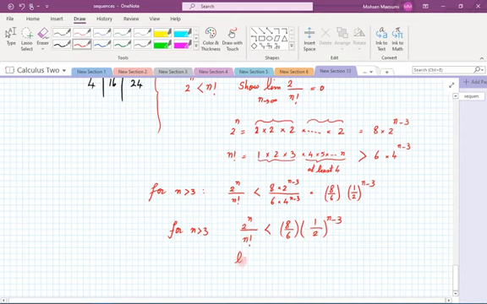That tells us that the limit of this ratio, or the limit of 2 to the power of n over n factorial, when n goes to infinity, is going to be less than or equal to the limit of 8/6 times 1/2 to the power of n minus 3, and 1/2 raised to a large exponent is going to be a small number, and this quantity is going to go towards 0.